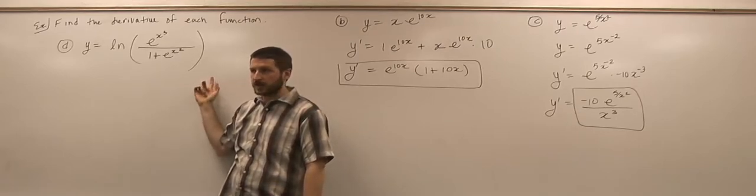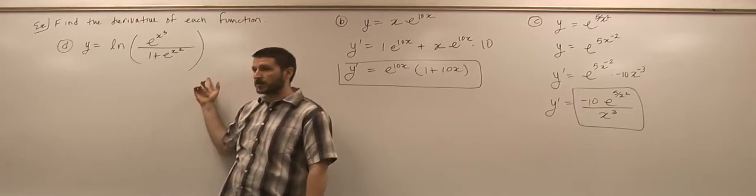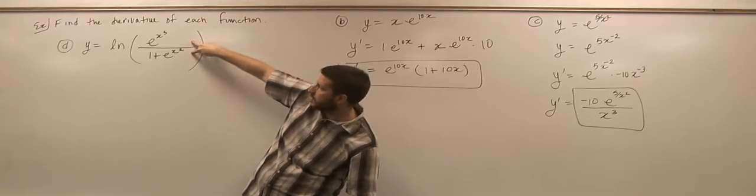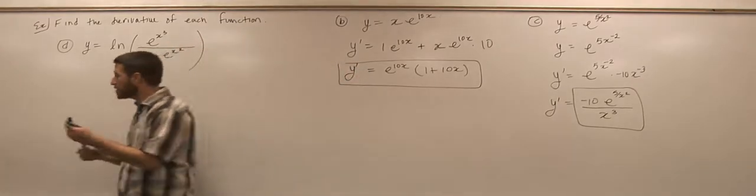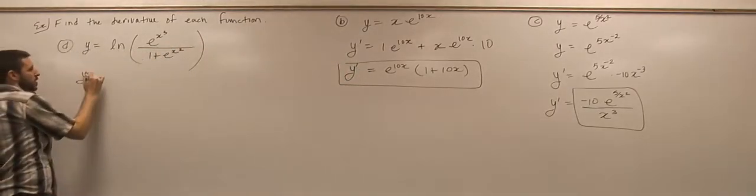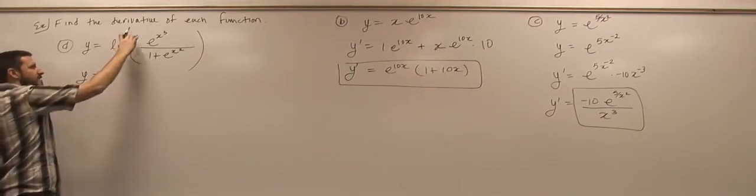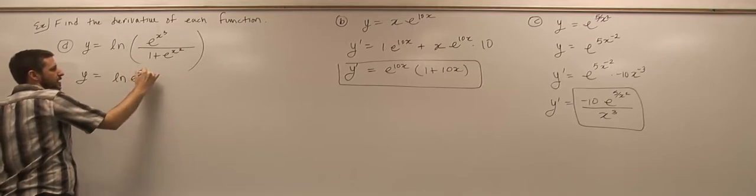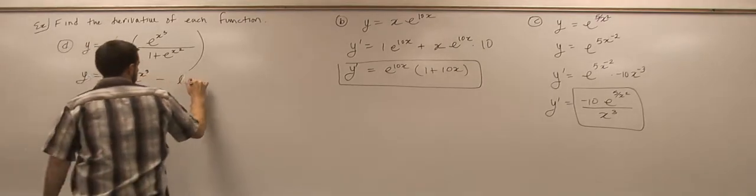What do you want to do instead? Separate. Use your log rule. Absolutely use your log rule so you can avoid the quotient rule inside. So whenever possible, use log rules first. Because if I separate this division, I can change it to subtraction on the outside, like this.